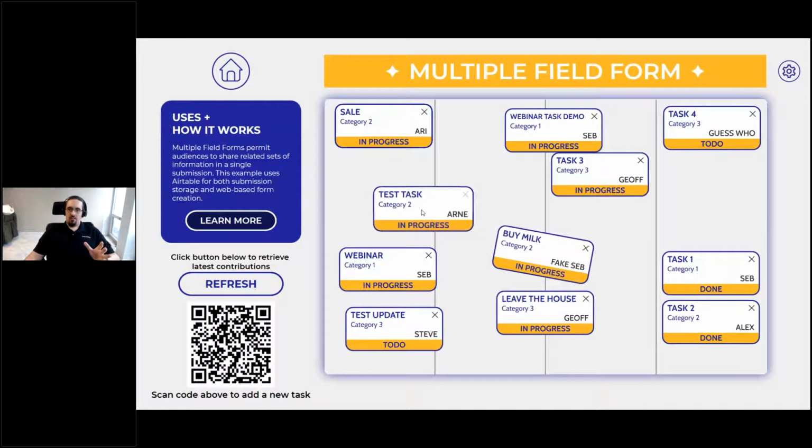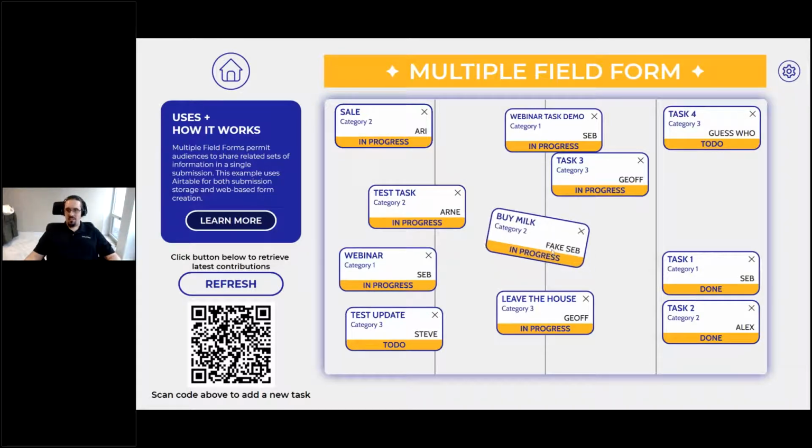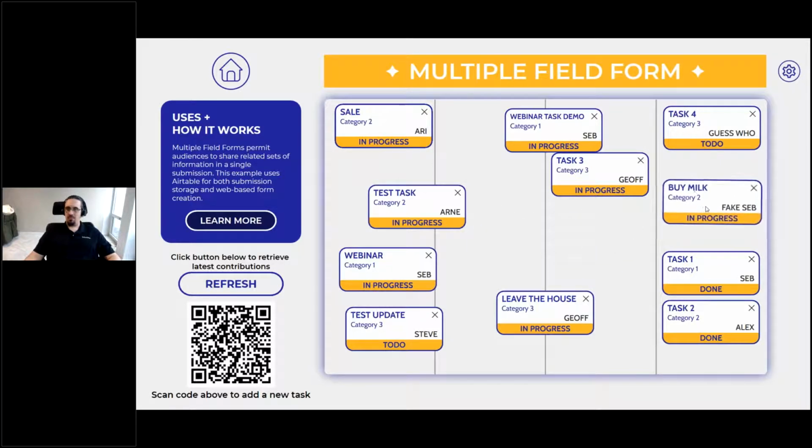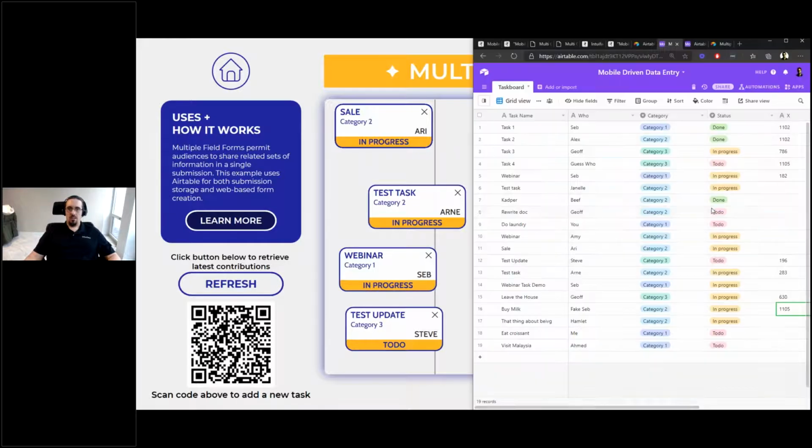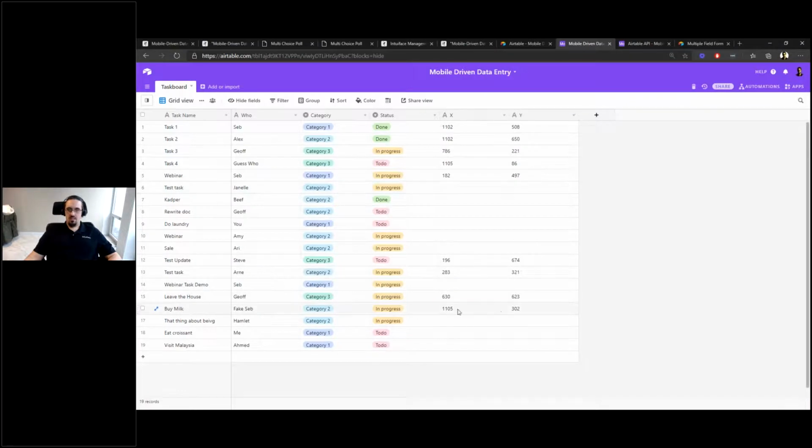A nice thing, as you can see, all the tasks are appearing in the top left corner at the beginning. As soon as I move them, so let's say the buy milk one, right? That's a funny one and easy to find. If I put it right on the right hand side here, and if I go in Airtable, the buy milk is here, and you can see X and Y have been updated.